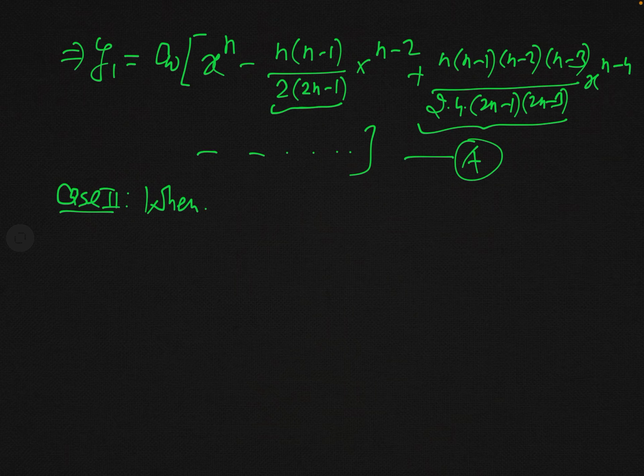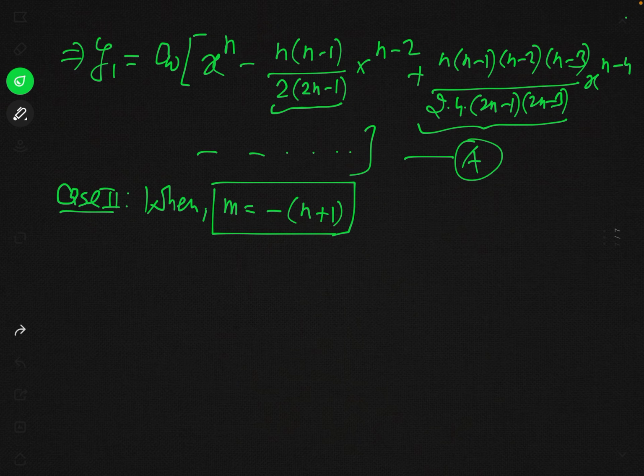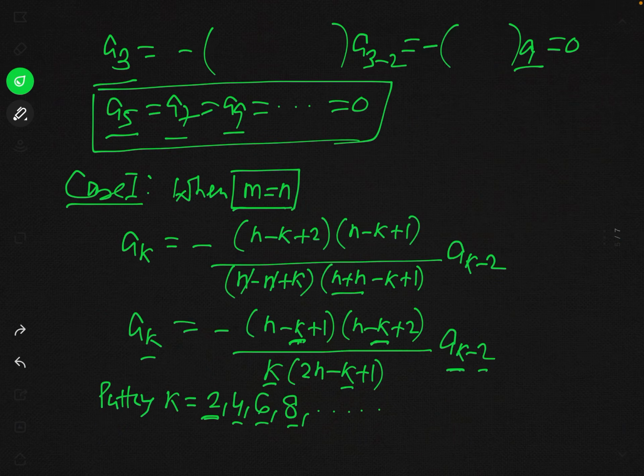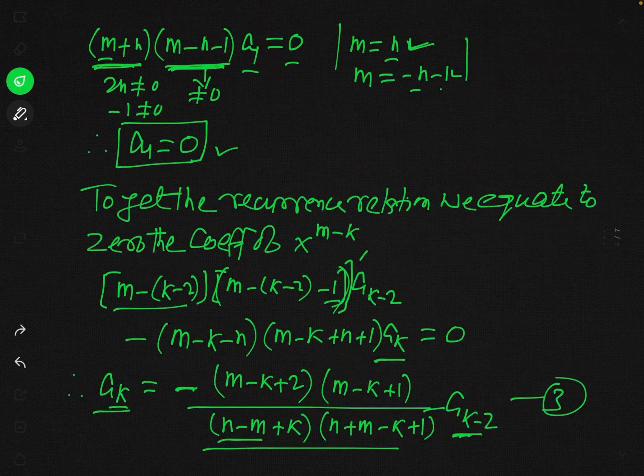Now in the second case, we will consider the second root of that initial equation. We have just now obtained that the second root is m equal to minus n plus 1. First of all, we will obtain the particular recurrence relation which we have defined here in equation 3, when m is equal to minus n plus 1.